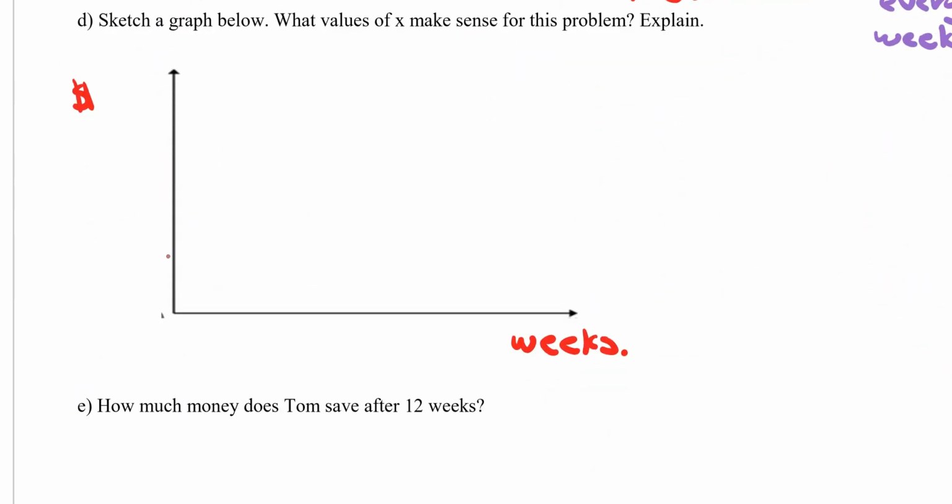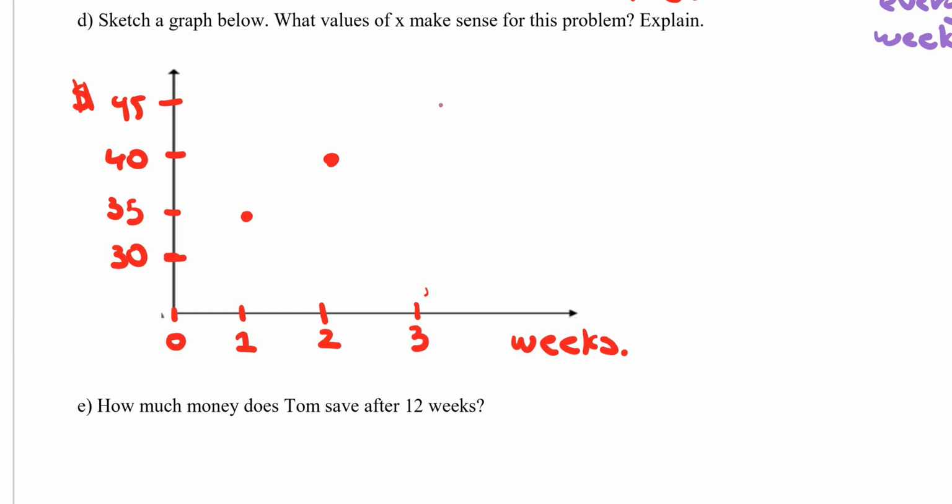Okay, so our y-intercept was 30, right? At 0 weeks, at the beginning we have $30. Then after 1 week we have $35. After 2 weeks we have roughly $40. And after 3 weeks we have $45, right? So we just have to do our best to sketch that.